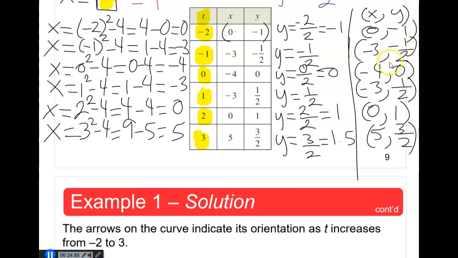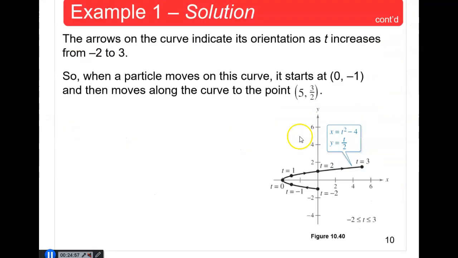So after plotting all those points, we could see the graph here. And with that graph, since we started with t equals -2, which will be right here. That was the first point that we calculated. That will be the initial point of our graph.